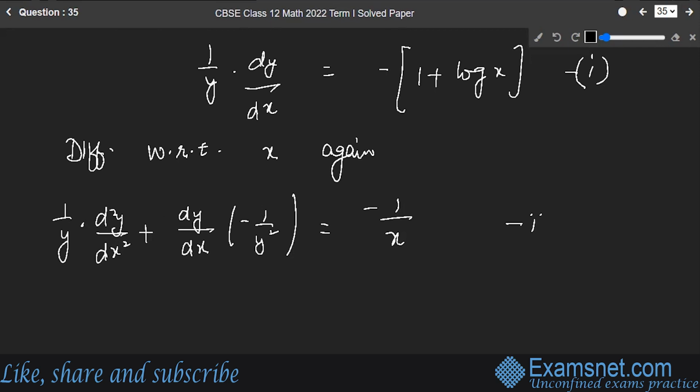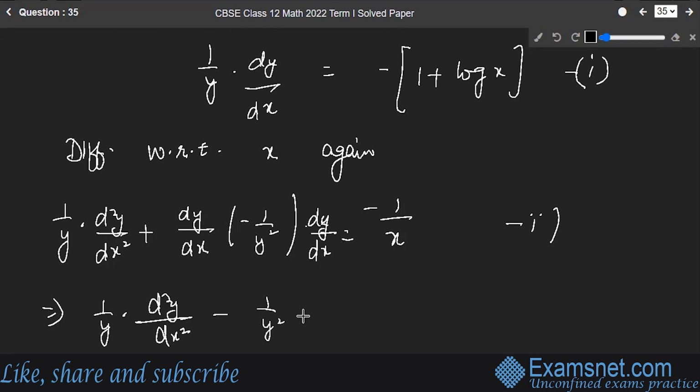Correct? One thing, second function into here will be dy by dx again. So this now can be written as 1 by y upon second derivative of y with respect to x minus 1 by y square into dy by dx square is equal to minus 1 by x, right? Let's say this is equation 2.